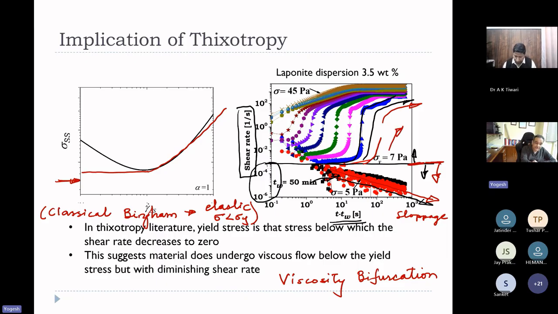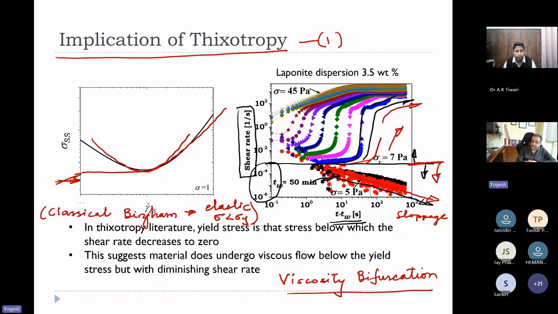All right. And this particular behavior is one of the implications of thixotropy. It can be very nicely shown to be predicted by this non-monotonic flow curve. All right. Which cannot otherwise be predicted by just this Bingham flow type of constitutive equation. Okay. So this is kind of first manifestation of thixotropy, or first shade of thixotropy, which is viscosity bifurcation.